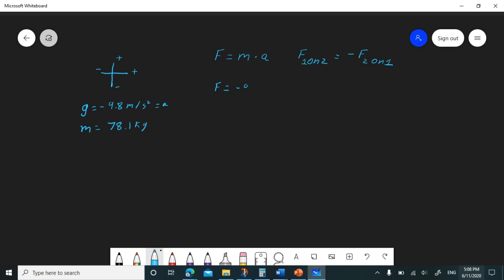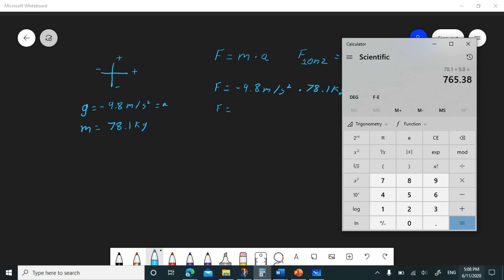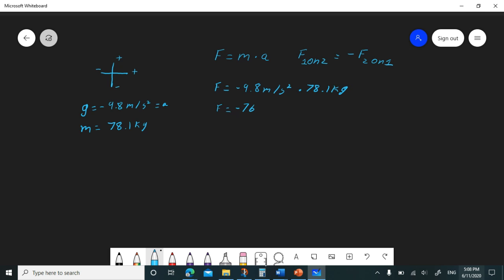So we take negative 9.8 meters per second squared and multiply that by 78.1 kilograms to get that our force is equal to negative 765.38 kilogram meters per second squared.